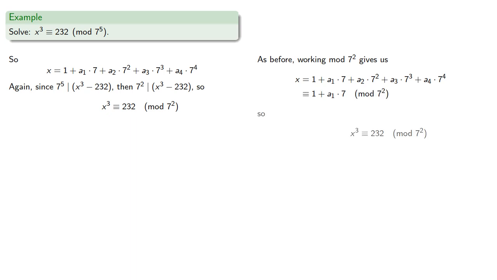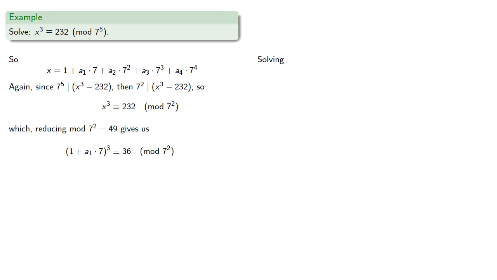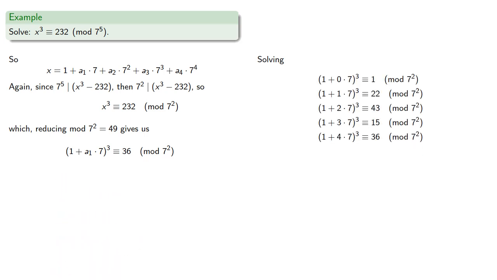And so our congruence becomes, and while it's not obvious, we actually only need to try values up to 7, because remember the ai's represent the digits of a base 7 number. And so we can try this by trial and error, and we find a1 is equal to 4, and that's the next digit of our solution.